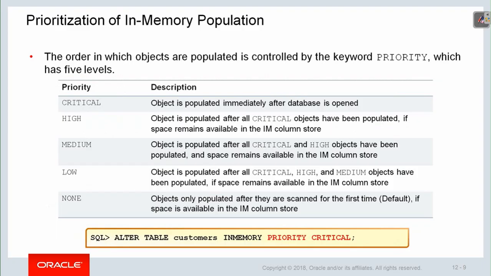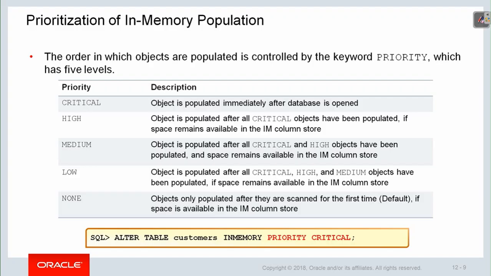And we also have population. So when does Oracle populate the columns of a table in the columnar format? That's based on priority. If you alter the table to use in-memory column store with a priority of critical, high, medium, or low, then based on an internal schedule, objects are periodically populated in the in-memory column store format.